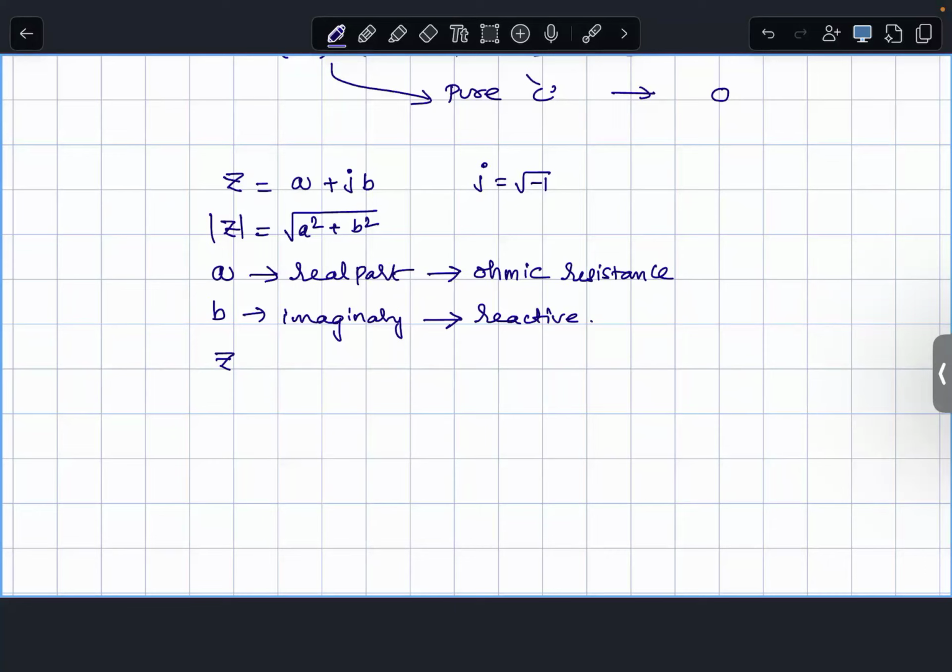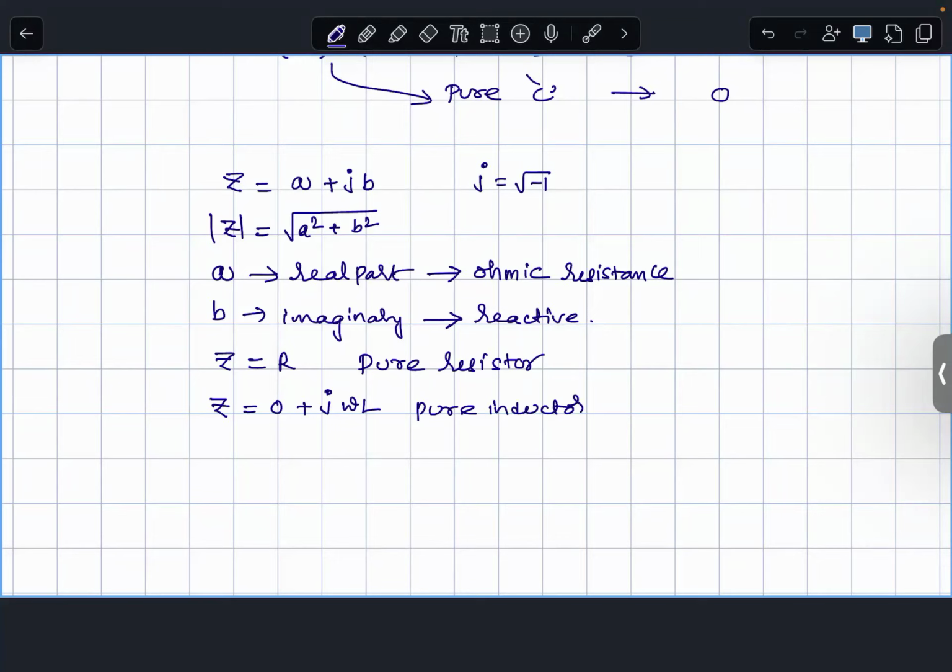For example, for a pure resistor circuit, Z is R. For a pure inductor, this is how you will represent it.